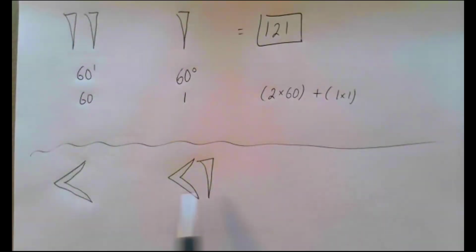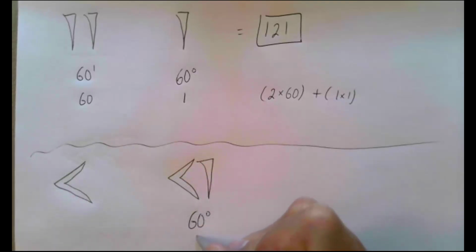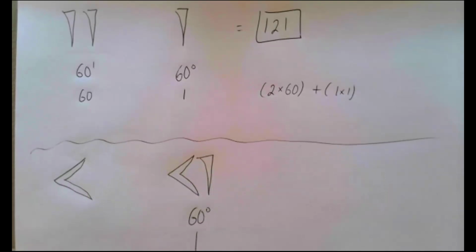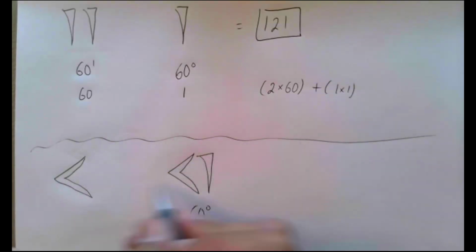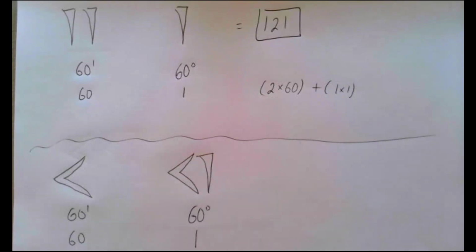Next example. The big space, that means we moved over from the ones place over to the 60s place. Okay. So on the far right is always your ones place, or the Babylonians would think of it as their 60 to the zeros place. Big space means we're moving over to the 60s place because that's 60 to the first power. We would call that the tens place in our place value system, but that's because we're a base 10 number system.